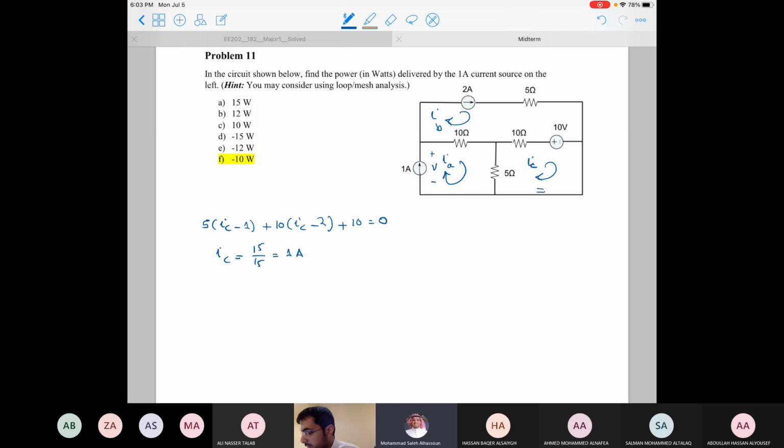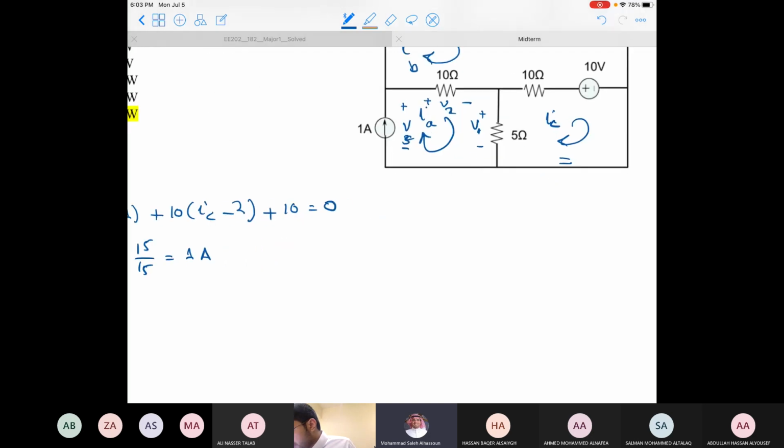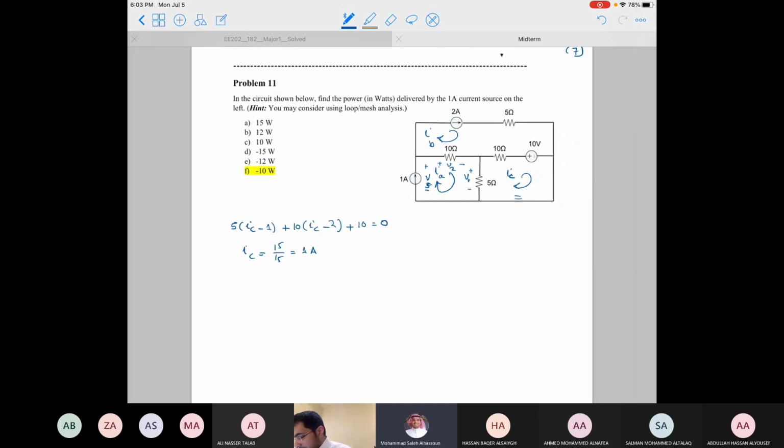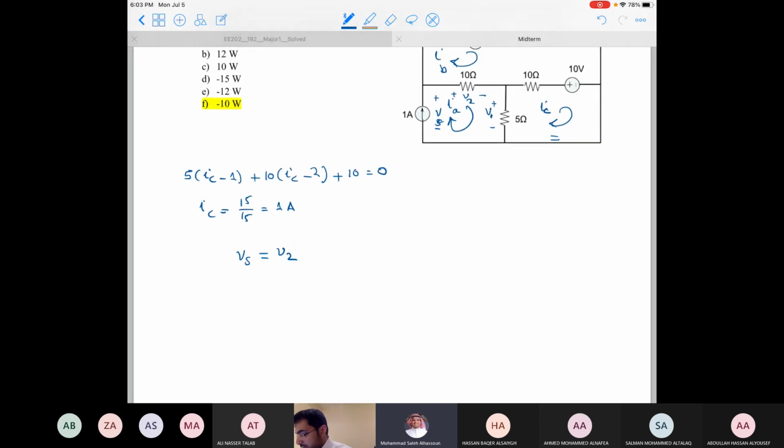Let me call this voltage Vs. This is V2, this is V1. So Vs is going to be V2 plus V1.